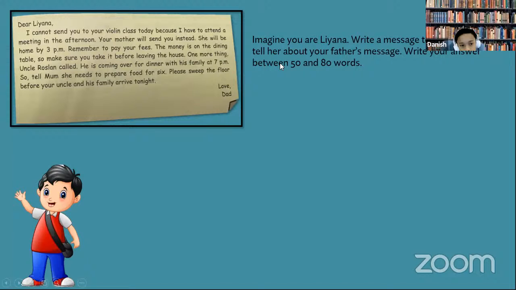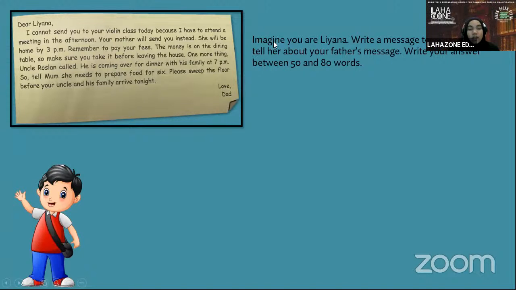Okay, ditulis kat sini. Tugasan yang kedua ni. Imagine you are Liana. Write a message to your mother to tell her about your father's message. Write your answer between 50 words and 80 words. Okay. Punya soalan kat sini Danish. Tugasan yang kedua. Dia suruh Danish bayangkan yang Danish ni adalah Liana.